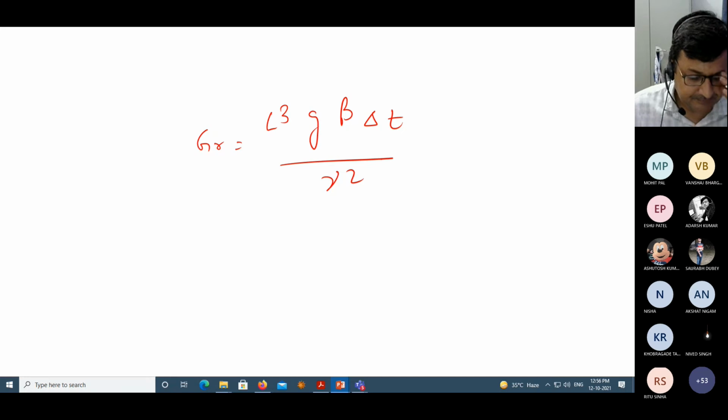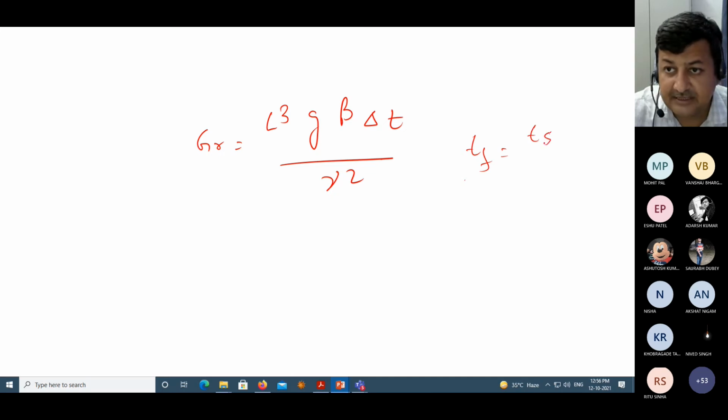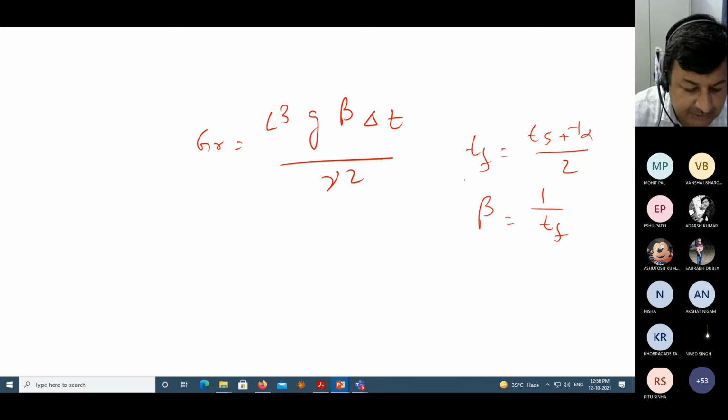Okay. So the film temperature TF is equal to (T surface plus T infinity) divided by 2, and beta is equal to 1 by TF. What is T infinity you have?